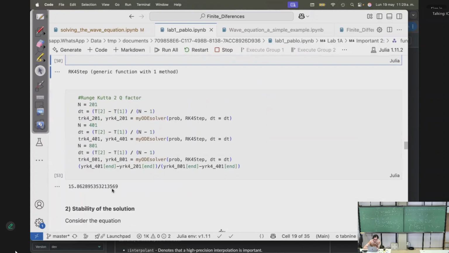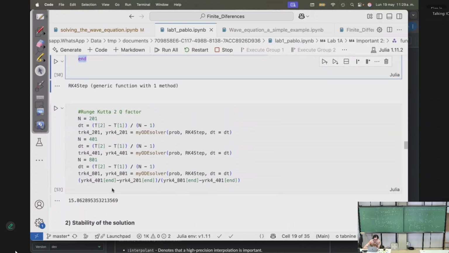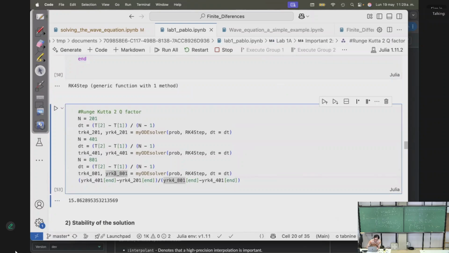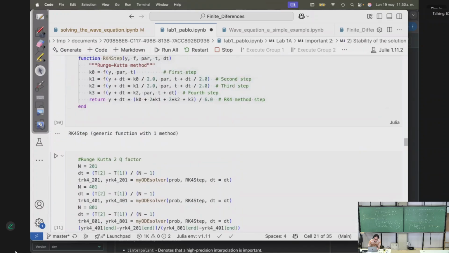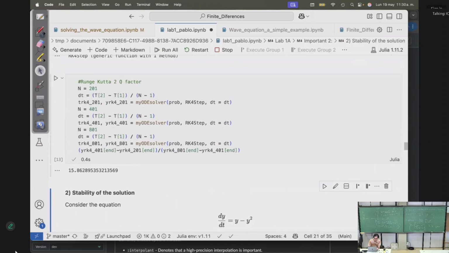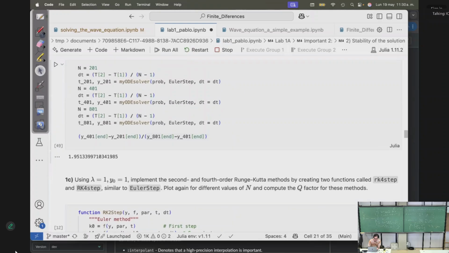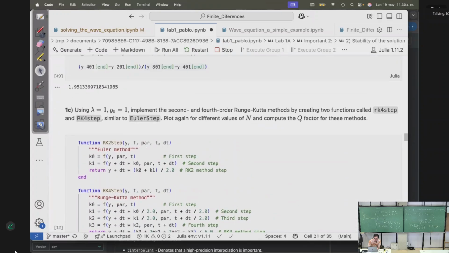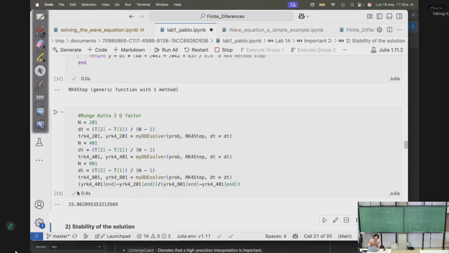So this is what we are calculating in this case here. For example, this is the Q for Runge-Kutta 4. We are doing exactly the same as we had before, and in this case we are using Runge-Kutta 4, and we see that the value of Q is now 15.86.